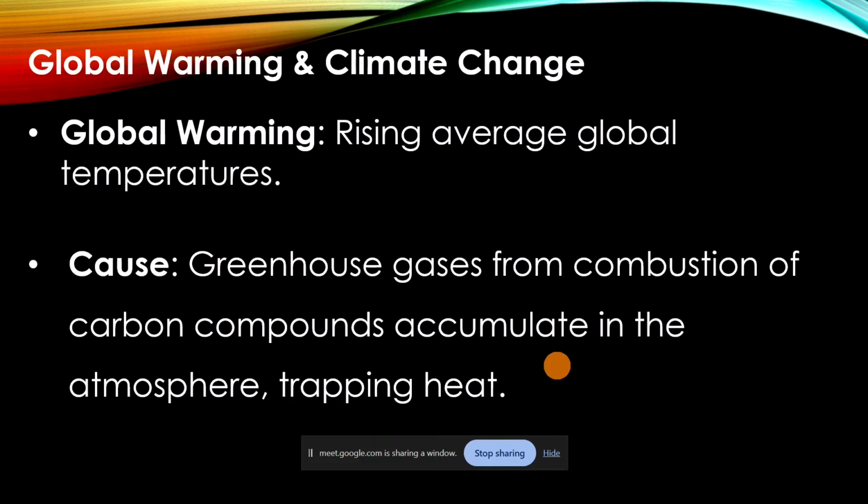Why are they referred to as greenhouse gases? Because they behave like a greenhouse. If you know what a greenhouse is, it is a house made up of glass throughout the roof and the walls.